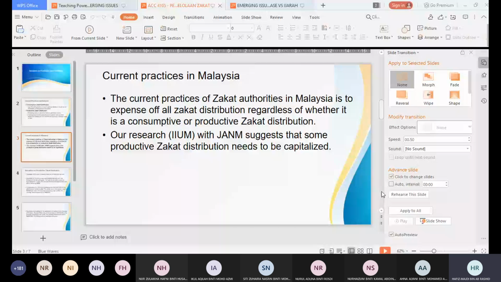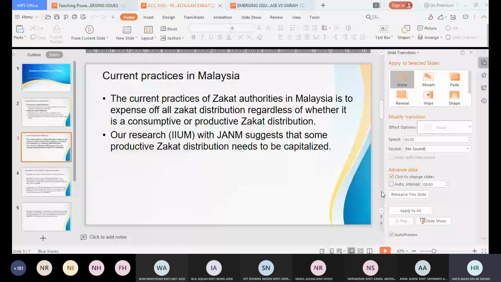If you just spend off all zakat distribution, you cannot measure the performance of the zakat given, like the effectiveness. Yes, of course, you cannot measure the performance or effectiveness of the zakat authority. The more detailed issue is that you are using zakat money to construct, for example, Darul Hidayah.